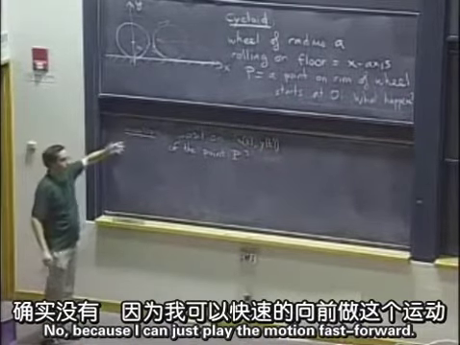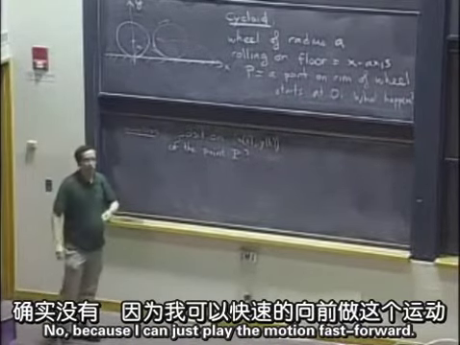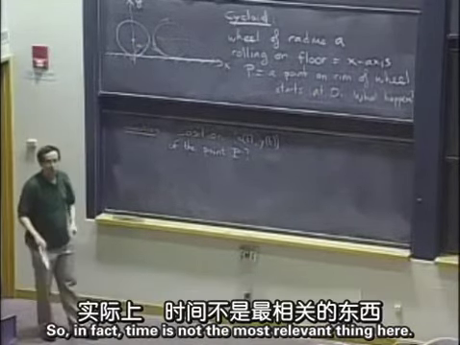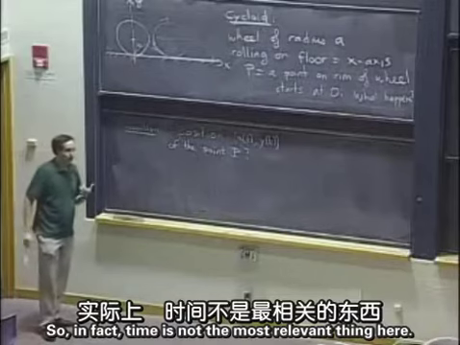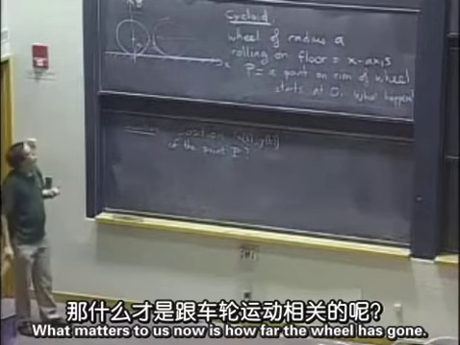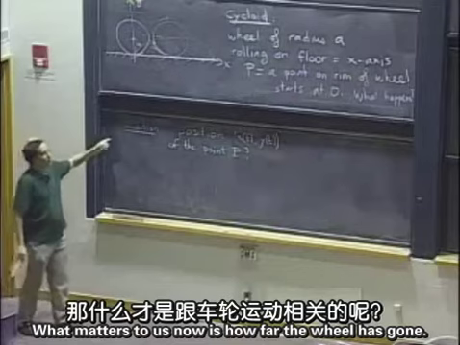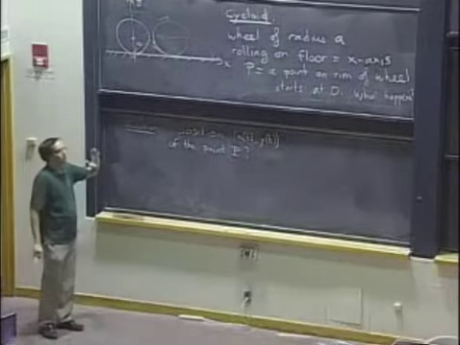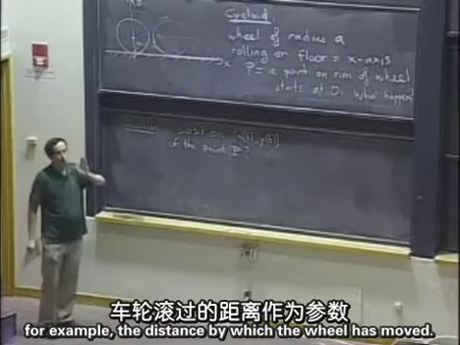No, because I can just play the motion in fast forward. The wheel will be going faster, but the trajectory is still the same. So in fact, time is not the most relevant thing here. What matters to us more is how far the wheel has gone. So we could use as a parameter, for example, the distance by which the wheel has moved.